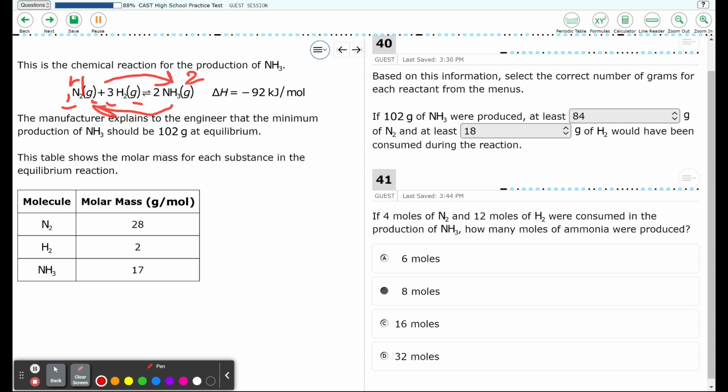Well, more molecules would create more pressure. So if we create more pressure, the reaction, according to Le Chatelier's principle, will do the opposite. It will turn those 4 molecules back into 2 in order to relieve the pressure, the stress that was caused. Now, that to me seems to fully answer the question.